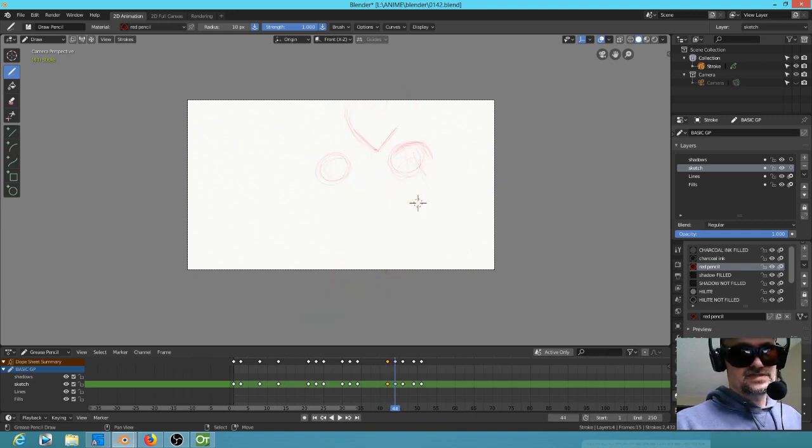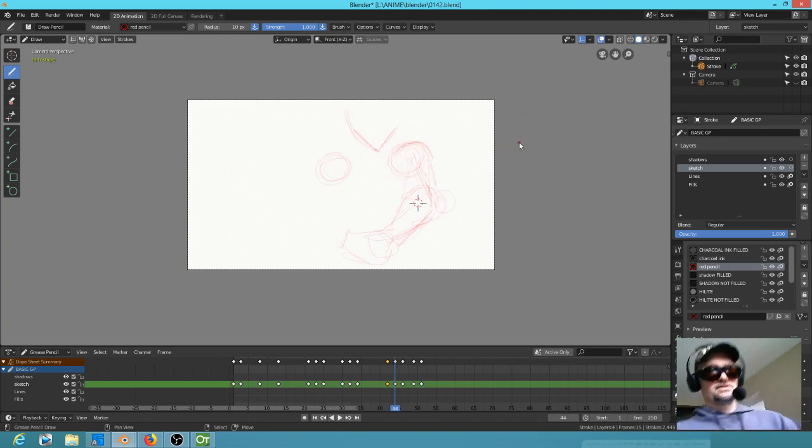Okay, so now this hand would be, I'm going to say forearm's going to be here. Like so. That makes sense. Okay, so they're almost symmetrical.